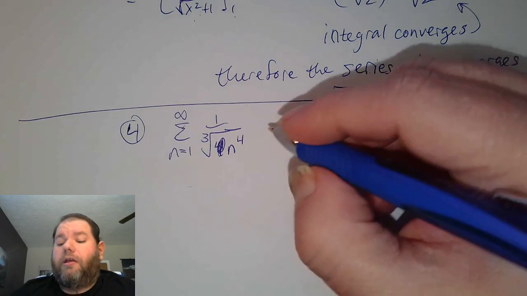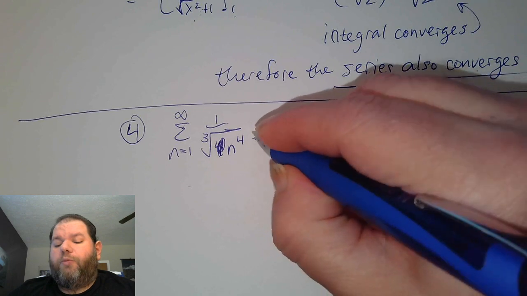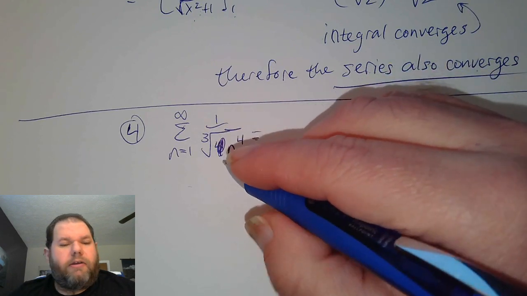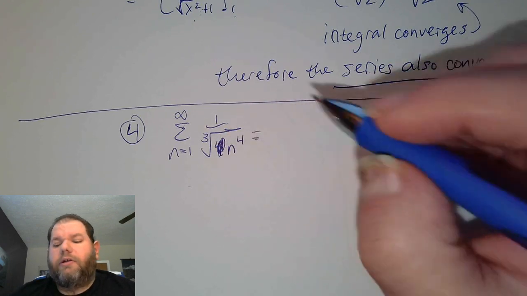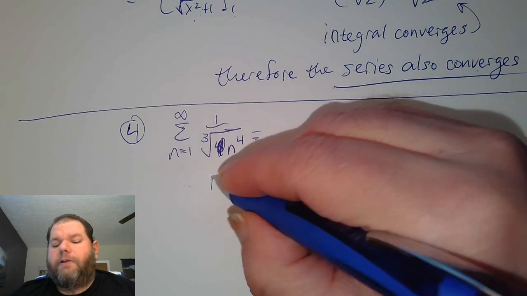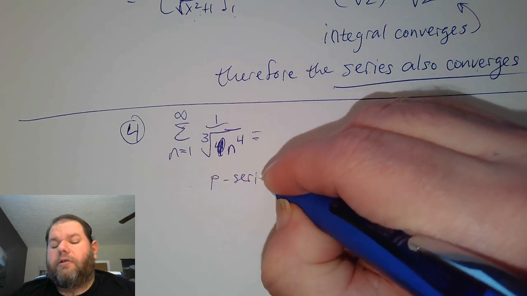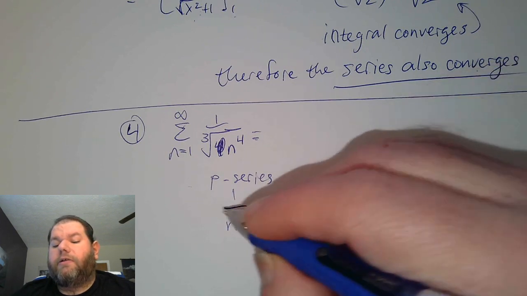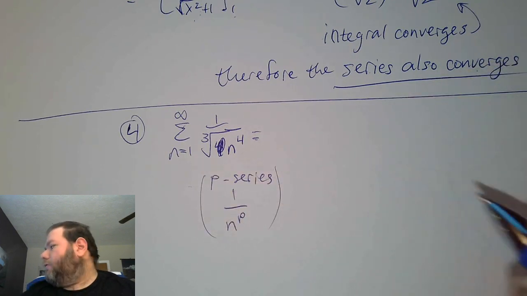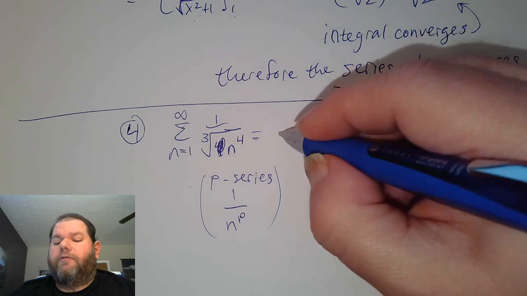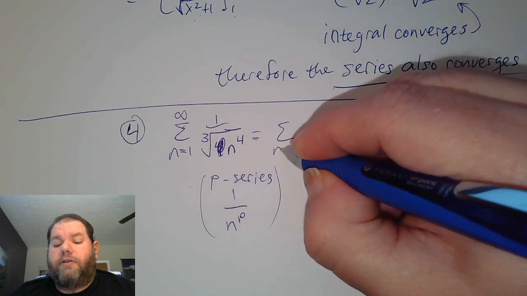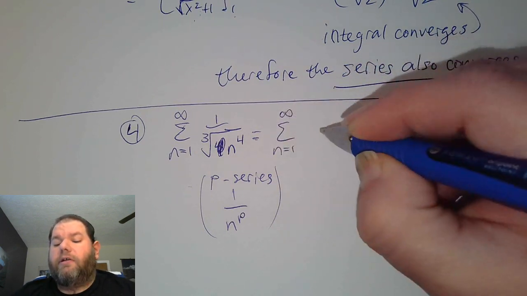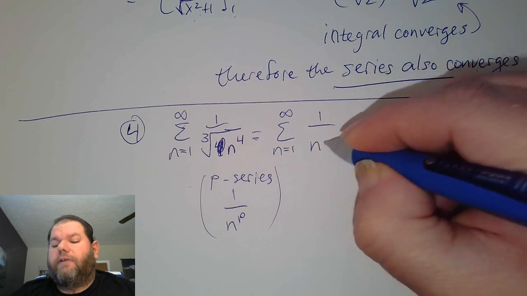Anyway, whenever we just see n to a power here, our first thought should always be p-series, which is 1 over n to the p. So what we'll have to do in this case is, can we write this as n to a power?